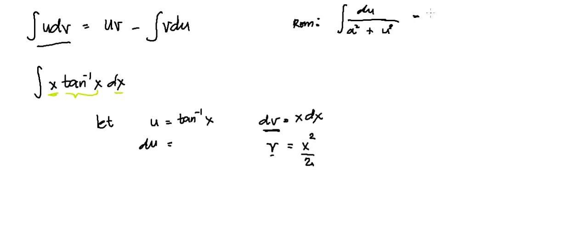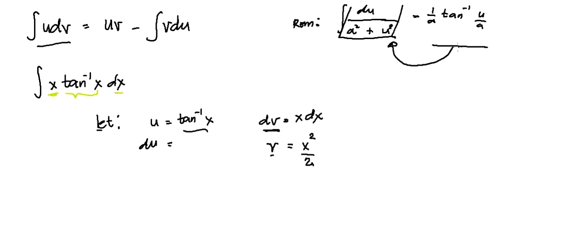The integral of this is 1 over a times arctangent of u all over a. Going back to our solution, we have the arctan of x, and if we take the derivative of this, our answer is in terms of this, right?